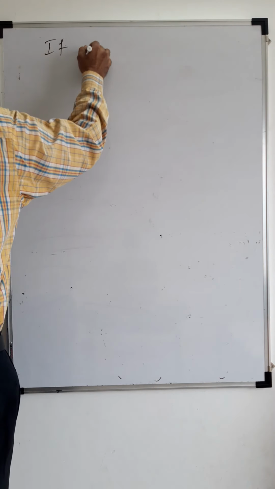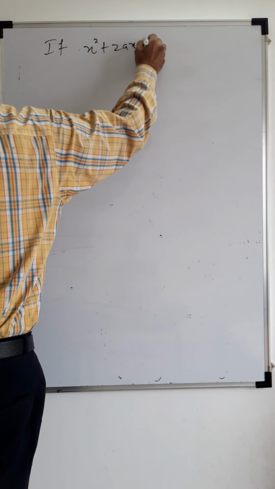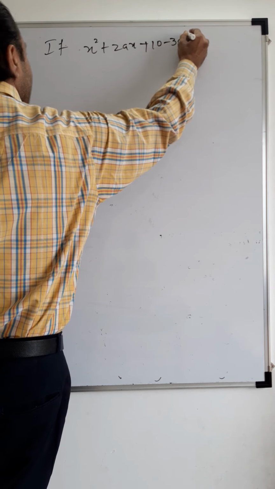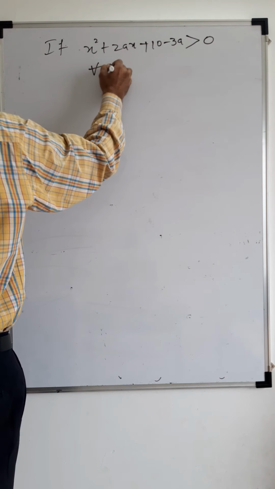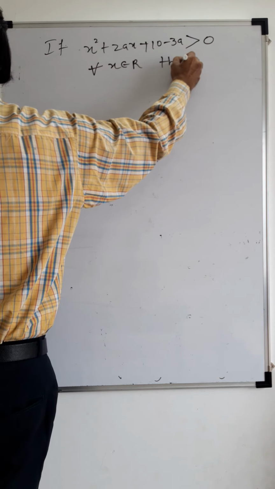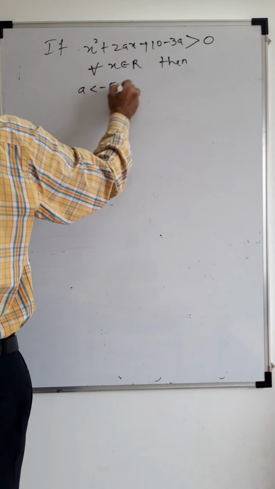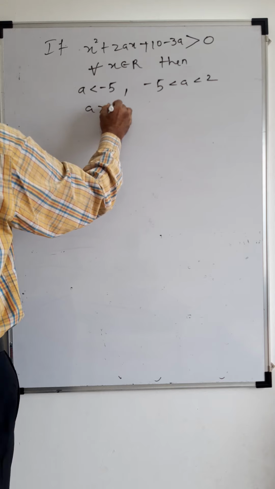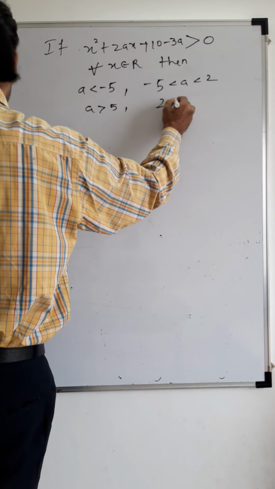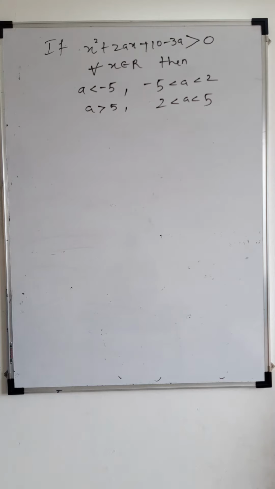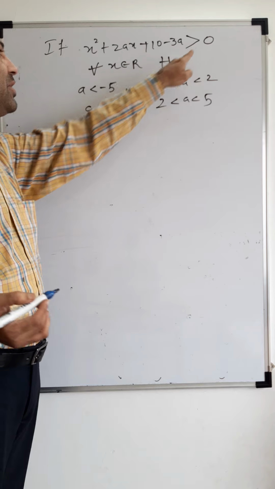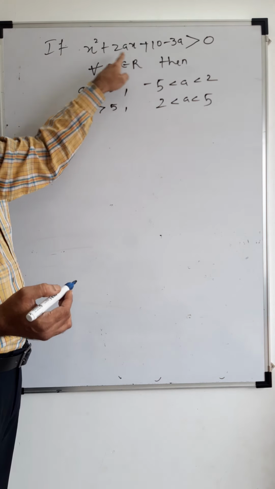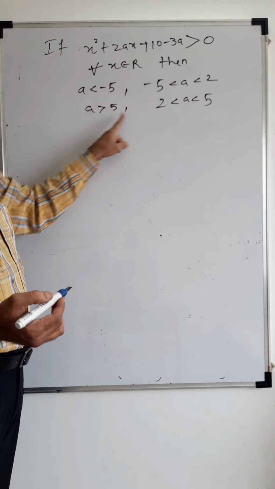Look at the first question: if x square plus 2ax plus 10 minus 3a is greater than 0 for all x belongs to R, then a, these are the options. Fine. These are 4 options. Now the question is, this quadratic expression is greater than 0 where x belongs to real, then what is the value of a? Where will a lie?